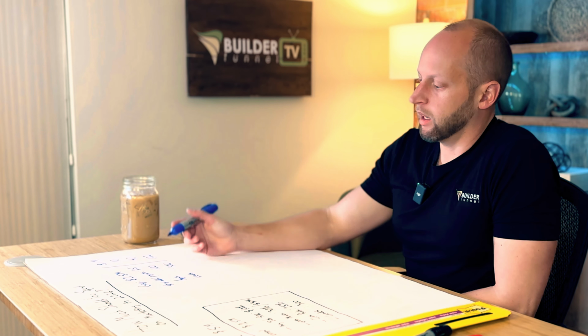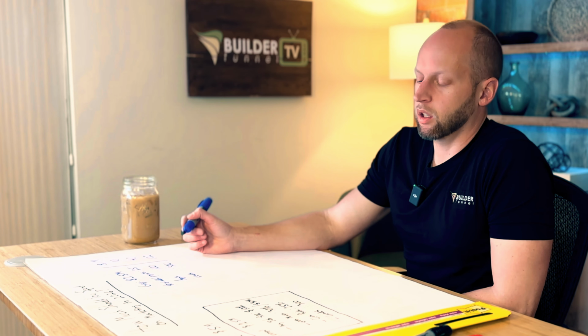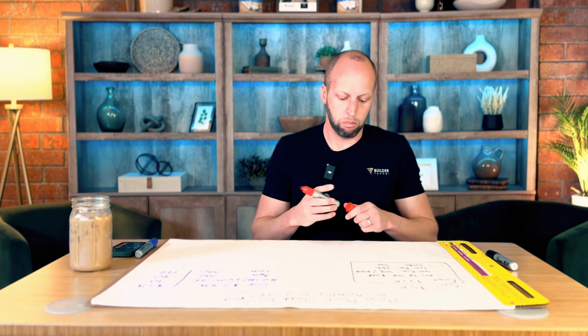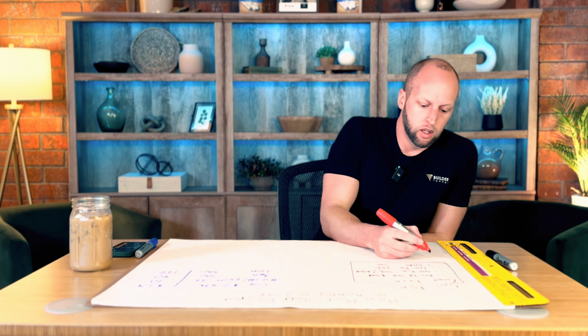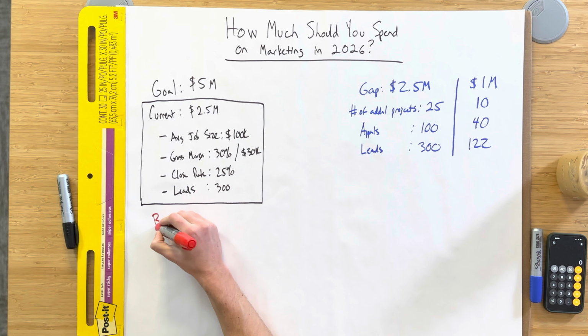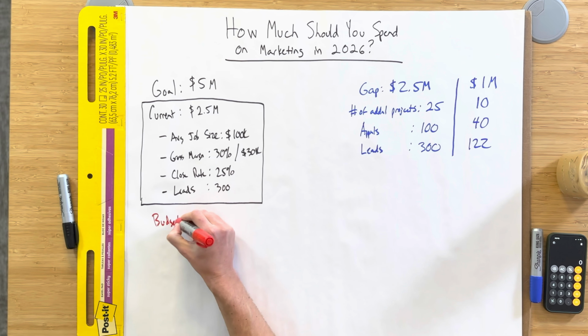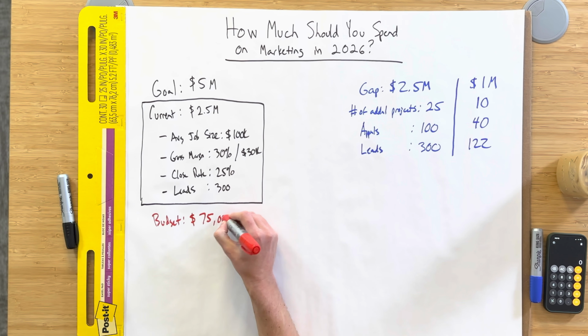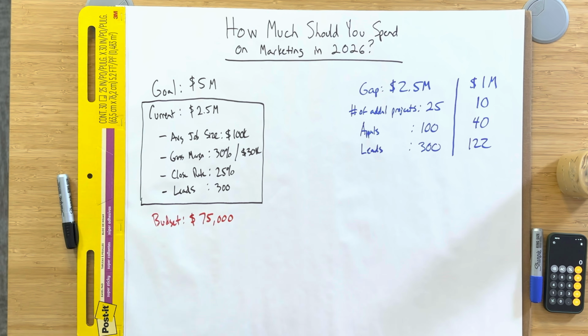So from there, we can look at our current marketing budget. So let's go back to current, and we're going to look at our budget. And let's say over here, we spent $75,000.